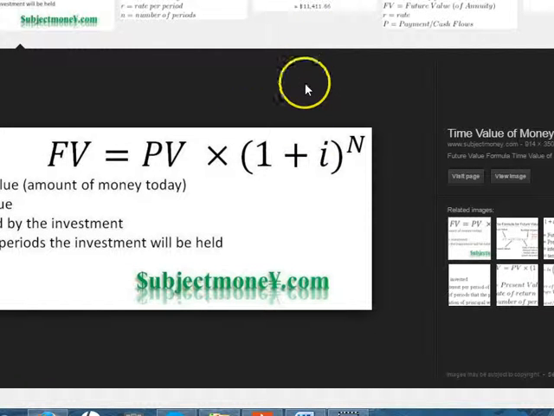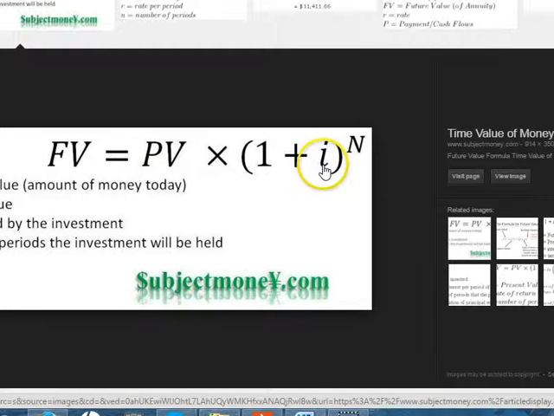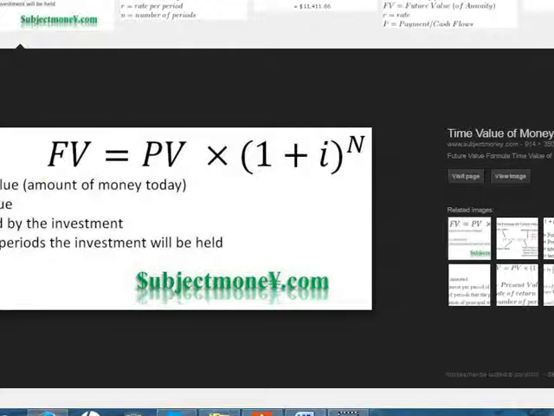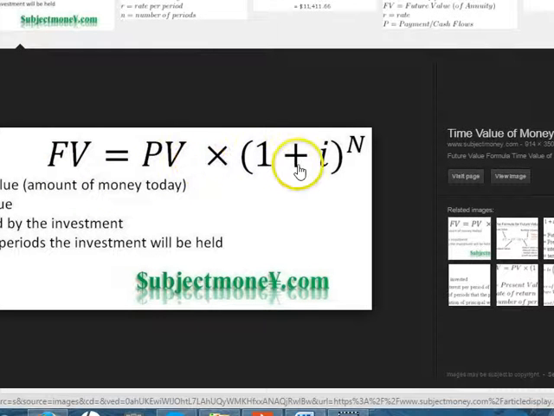In this formula, the present value is 400, I is 2%, and N is 300. Going back to the formula, that would be 400 times 1 plus 2% exponent N.